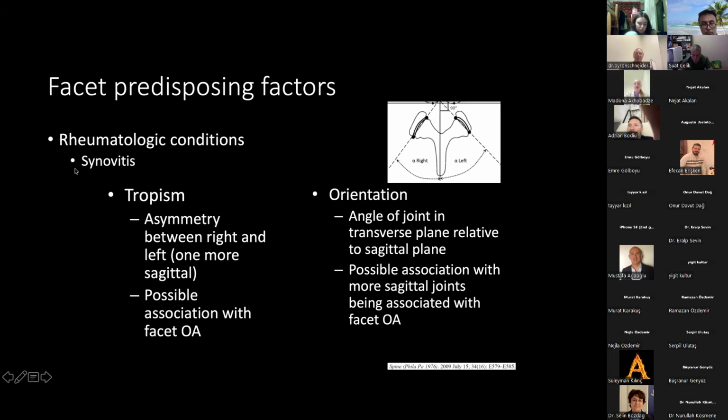The last thing to briefly mention here, my slide's not great, is that if you see synovitis within the joint, it could just be a degenerative problem. But if you see active synovitis in multiple joints, that's probably a pretty specific cause of their low back pain. You should also consider working them up for a spondyloarthropathy because they may have an underlying rheumatologic condition that predisposes them to synovitis.